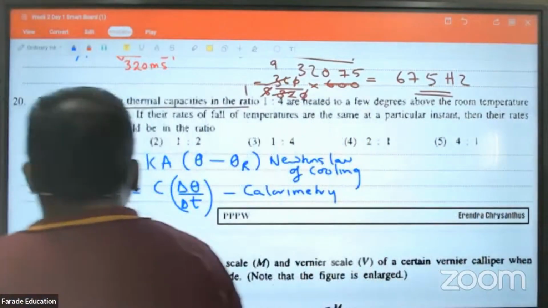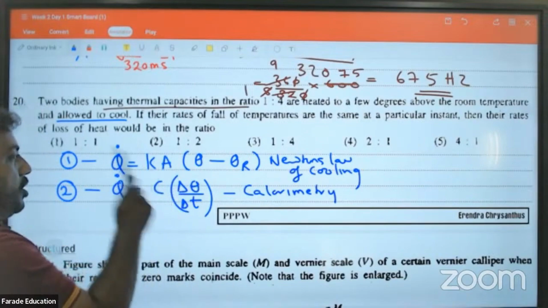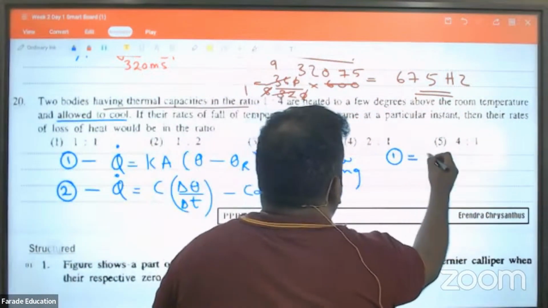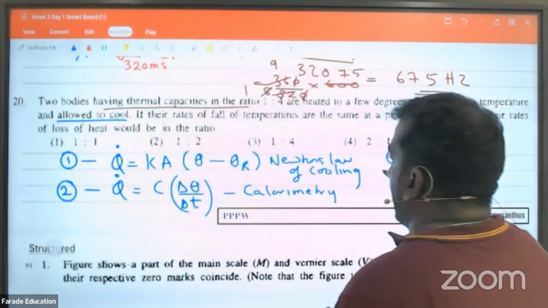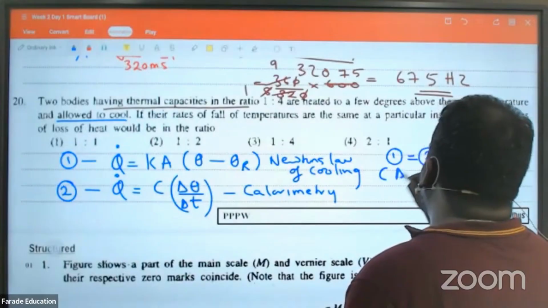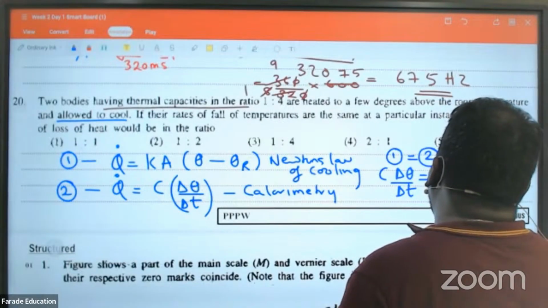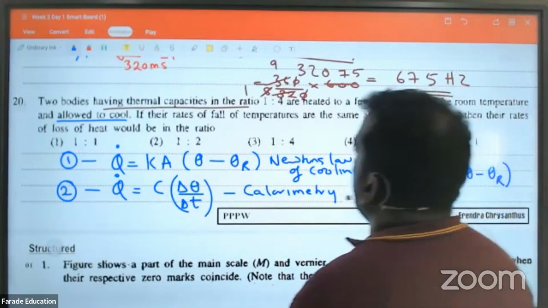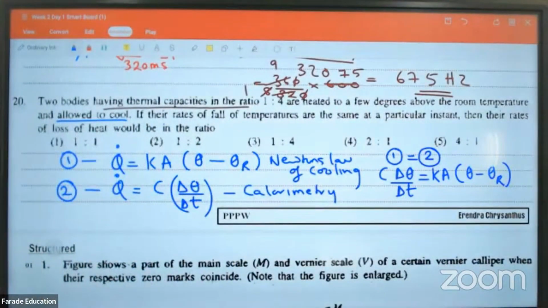Now what? Both are talking about the same thing, so we can say 1 and 2 are equal. So you can say C delta theta divided by t is equal to Ka (theta minus theta R).